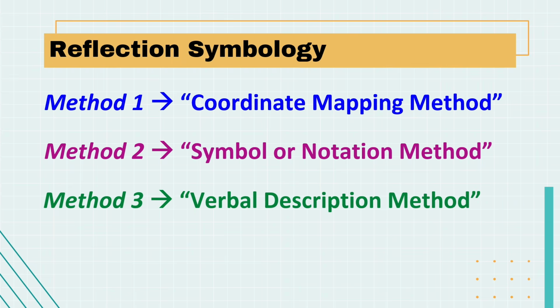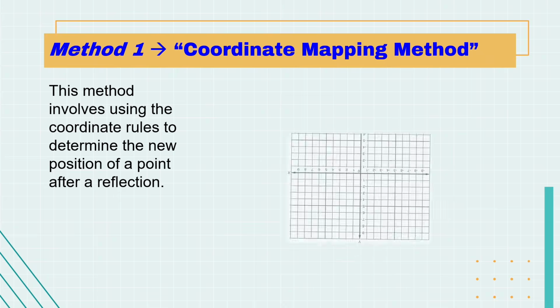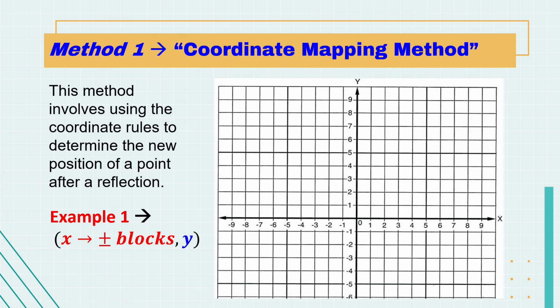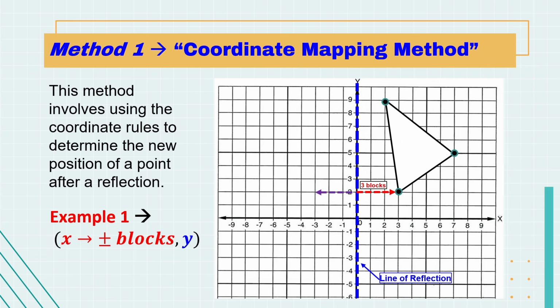So the first method is the coordinate mapping method. This method uses coordinate rules to determine the new position of a point after reflection. For example, if a point is reflected over the x-axis, we use the rule (x, y) becomes (x, negative y). If a point is reflected over the y-axis, we use the rule (x, y) becomes (negative x, y).